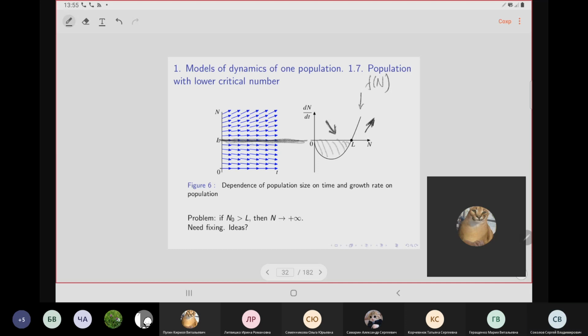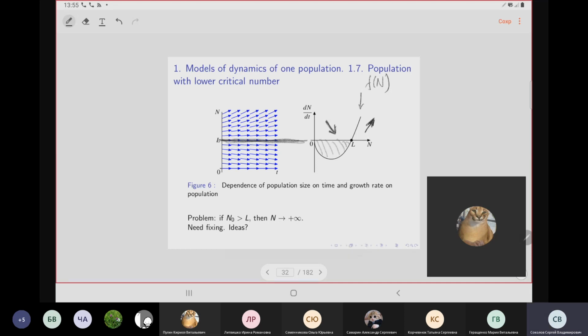Well, is this model good? Well, no ideas.